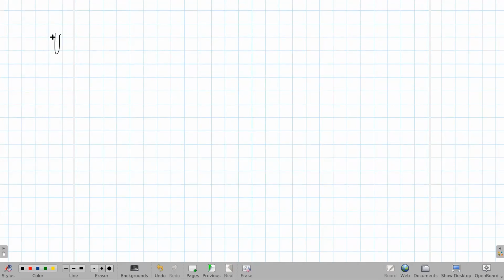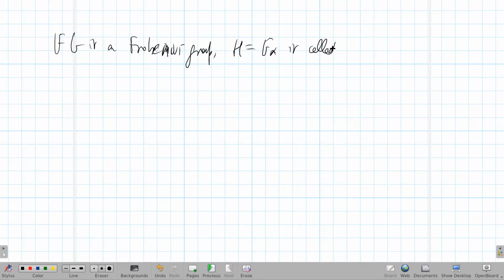Okay, yes. So if G is a Frobenius group, finite one, I should say, then H equals G alpha is called a Frobenius complement. Okay, so any of these G alpha stabilizers is called the Frobenius complement.